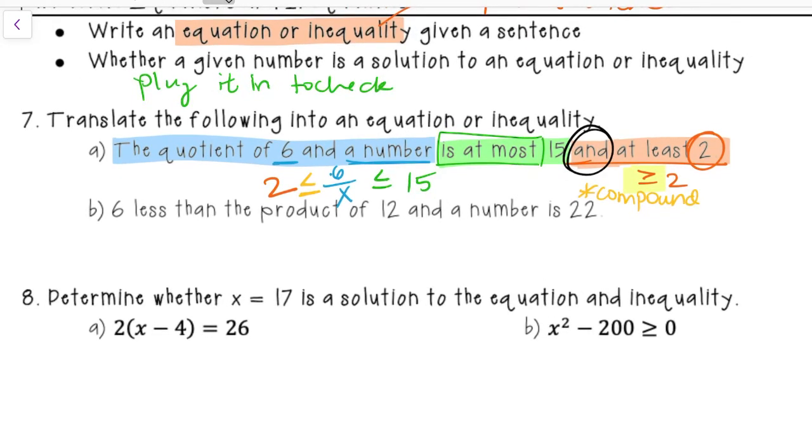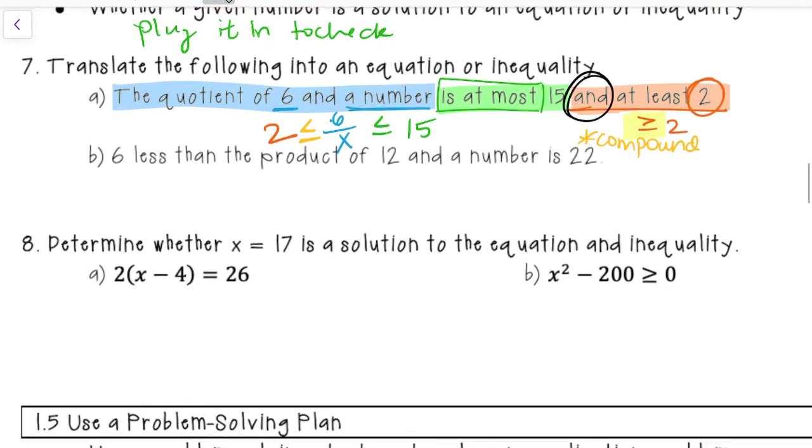Then for number 8, determine whether x equals 17 is a solution to the equation or inequality. Well, if we are asked to check whether it's a solution or not, we pull a Glade and plug it in. So we've got 2 times 17 minus 4 is equal to 26, and then we have to simplify using order of operations.